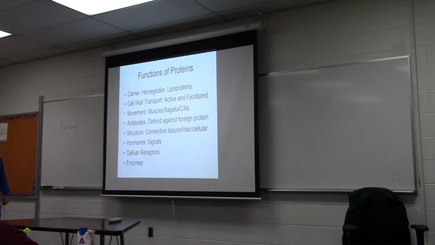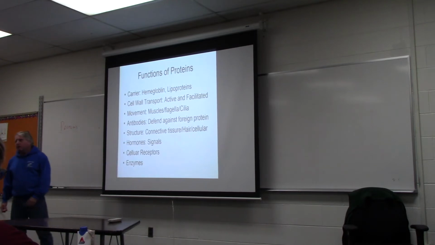But most things need some sort of way to propel. And we have muscles and there's flagella like on sperm, and cilia found on, you've seen this stuff, I'm sure, in your biology classes. There's antibodies which defend against foreign proteins. So if you get a virus, or if some sort of allergen gets in your body, it will produce an antibody against it, because it says it's dangerous, let's get rid of it, and sends it to the T cells.